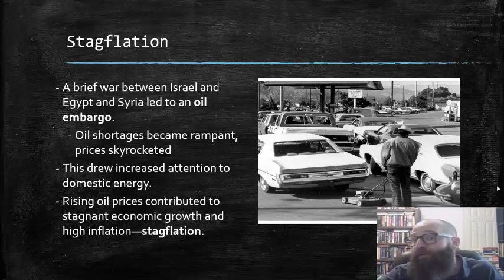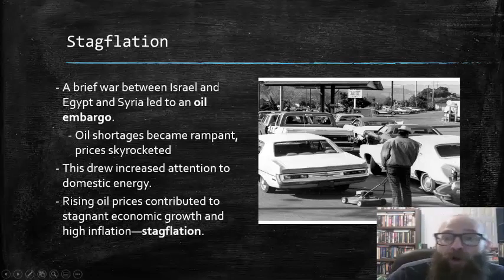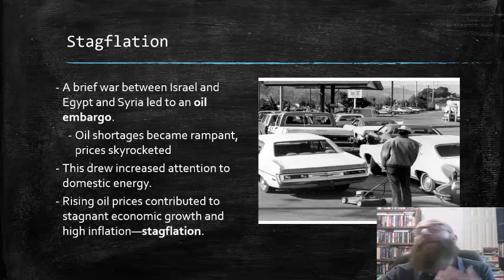And this led to the phenomenon of tremendously long lines at the gas pump as Americans waited to fill up their tanks with extremely high-priced gasoline. This drew increased attention to issues of domestic energy production, and rising oil prices contributed to stagnant economic growth and high inflation, a combination that is known as stagflation.